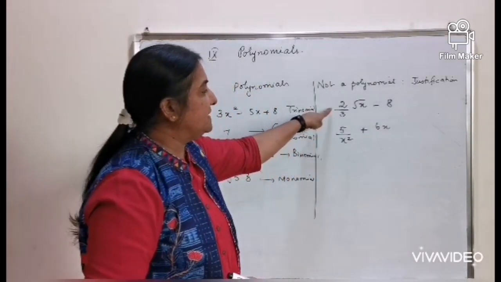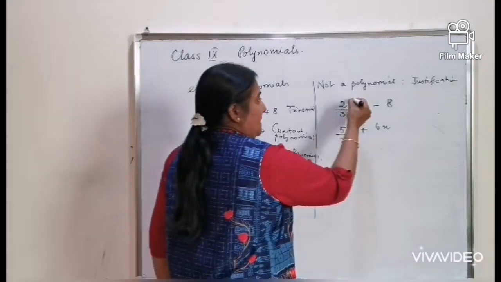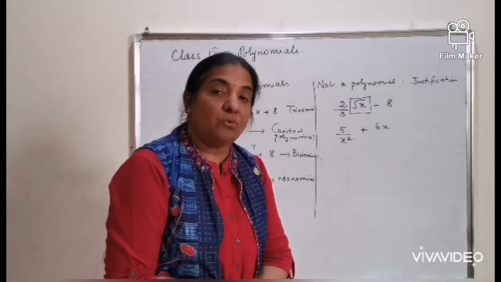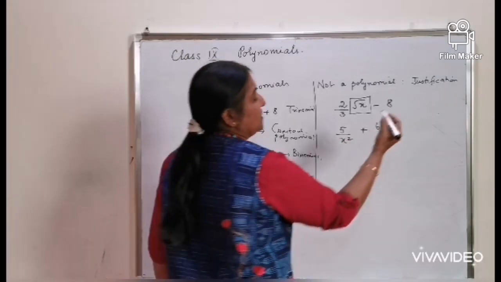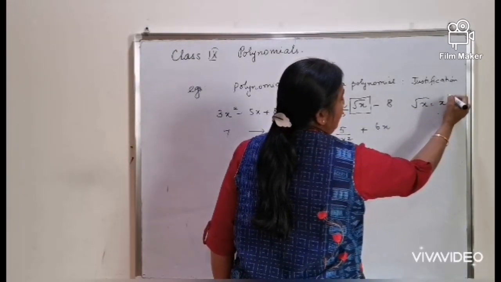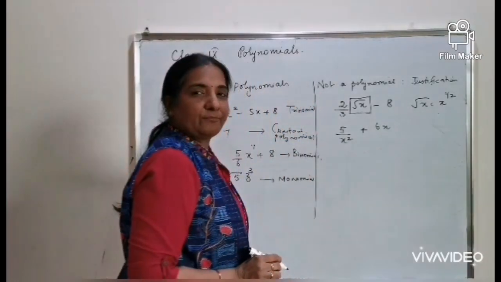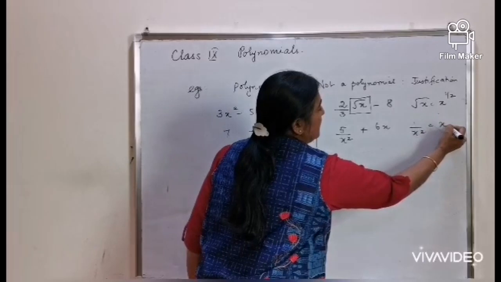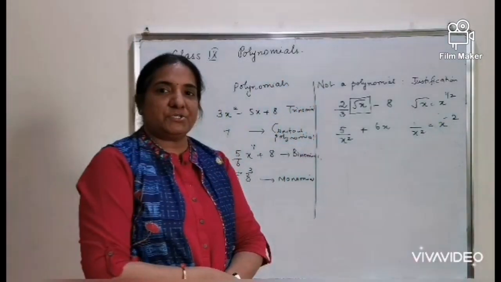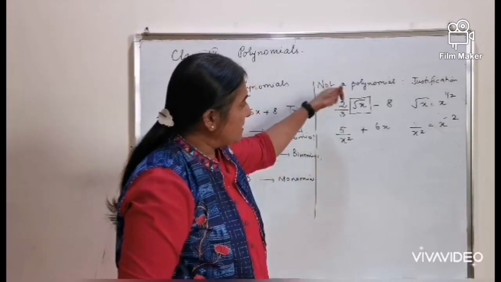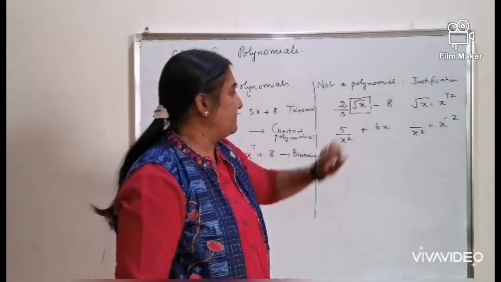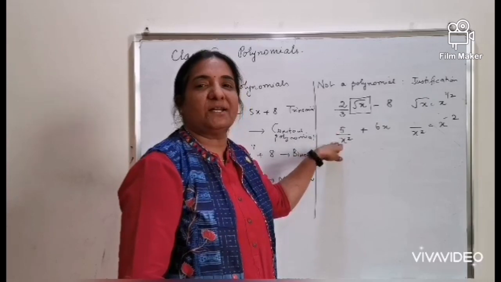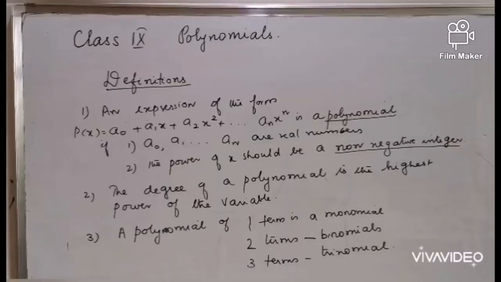What can be the reason is, when you understand the radical symbol, how to convert it into power, square root x is the same as x raised to half. 1 by x square is the same as x raised to minus 2. Thus, because of the factors root x and 1 by x square, these two expressions are not polynomials.